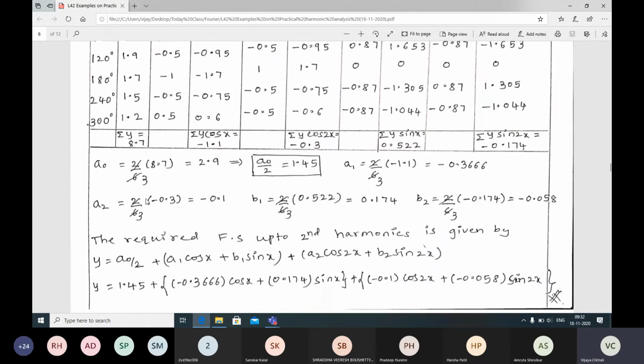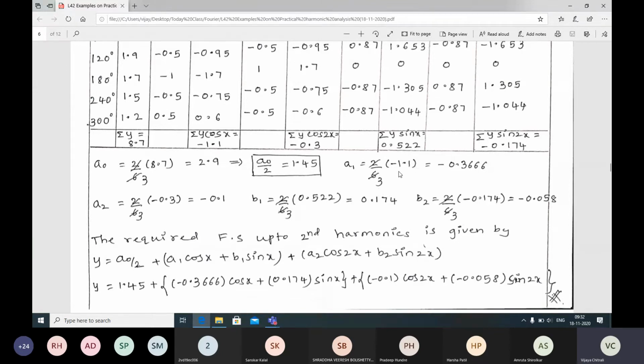Now calculate a naught. A naught is 2 by N, where capital N is 6. So 2 by 6, a naught is the summation of y, which is 8.7. So 2 ones are 2, 3 threes are 8.7 divided by 3 is 2.9. So this is a naught. A naught by 2 is 2.9 divided by 2, so that is 1.45. So a1 is 2 by 6 and the summation of y cos x is minus 1.1.